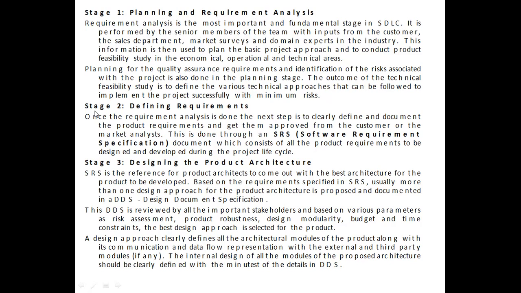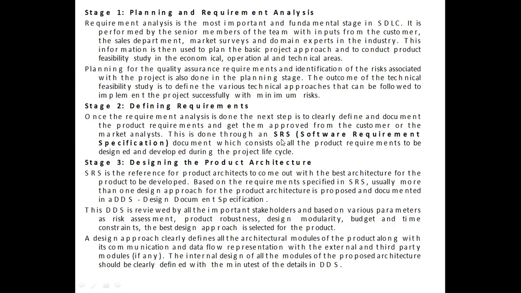Now we will study in detail the second stage of software development life cycle, that is defining requirements. Once the requirement analysis is done, the next step is to clearly define and document the product requirements and get them approved from the customer or the market analysts.